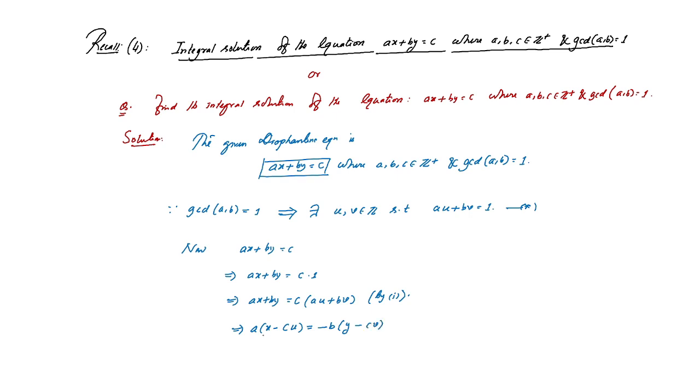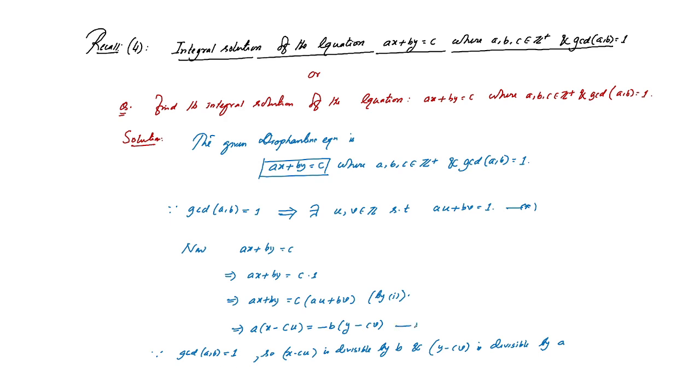Now since a and b are prime to each other, since GCD of a, b equals 1, we must say x minus cu is divisible by b and y minus cv is divisible by a.